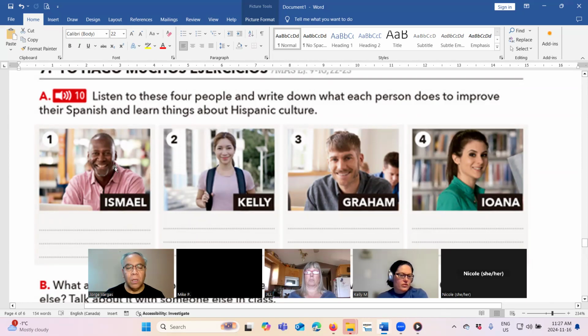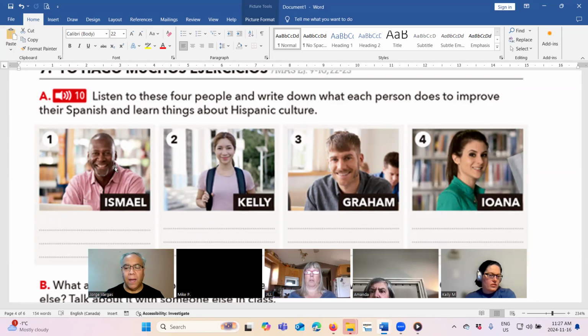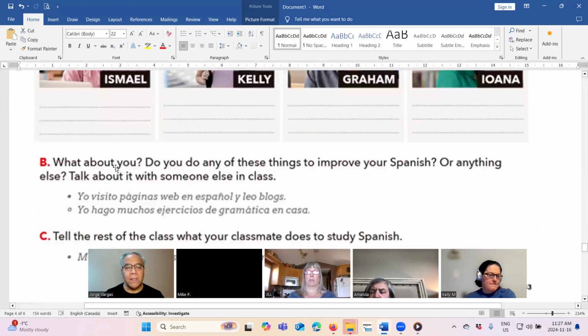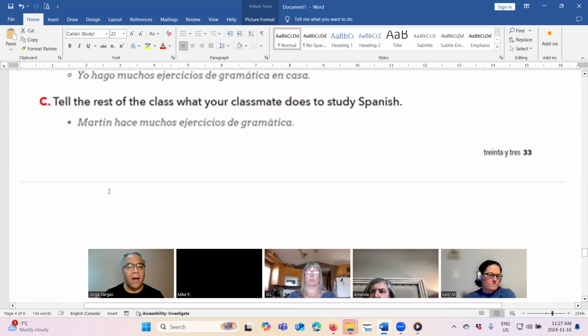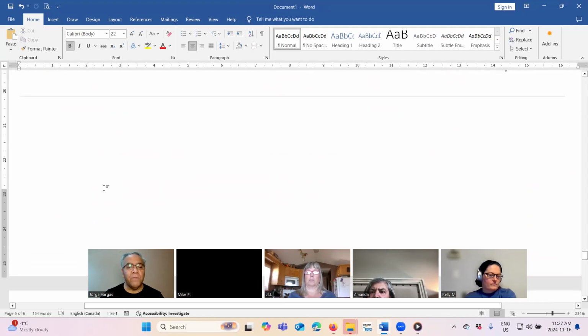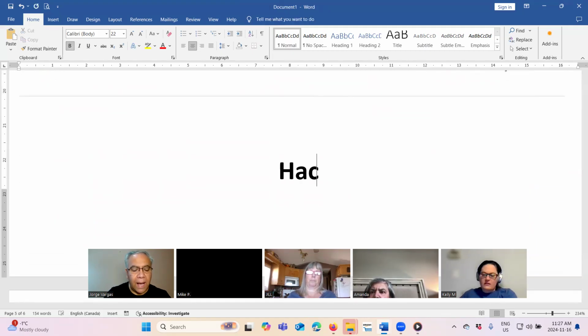Número 1. ¿Cómo se llama número 1? Ismael. And now, remember that we were practicing the new verb, which is hacer. And we learned that hacer has 2 meanings, right? To do and to make.